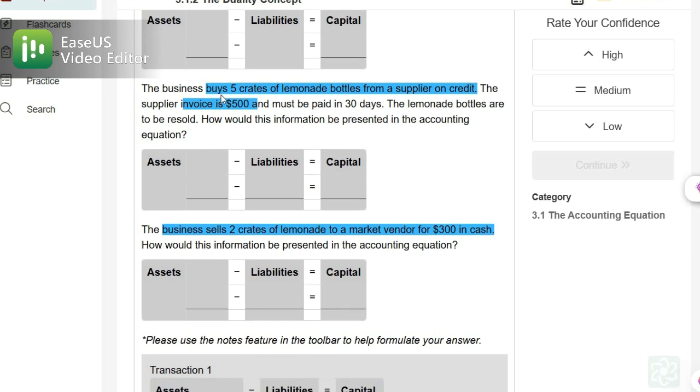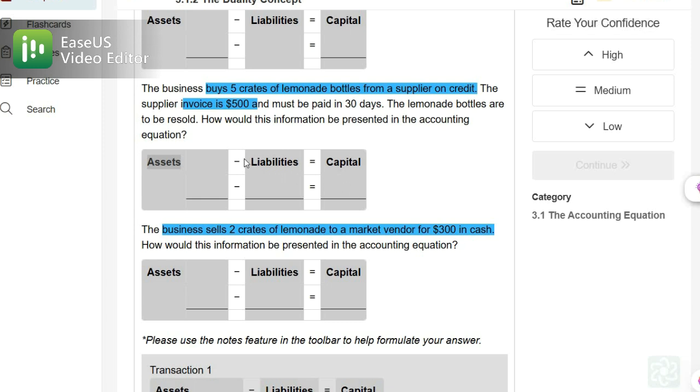Then after that, the business buys 5 crates of lemonade bottles from a supplier on credit basis. So here you will have a liability portion now, and from the supplier, the invoice is 500. So you buy lemonade on credit, and that will cost you 500. This means that inventory, which is your asset, increased by 500, and your bank account already has 7,000, and the van, which is your asset, costs 3,000.